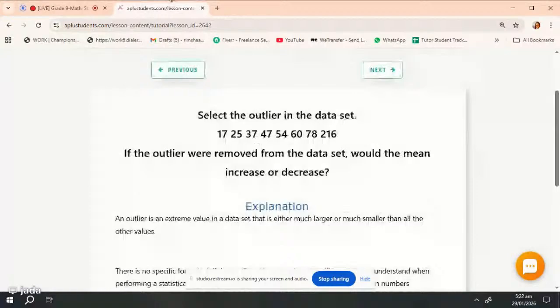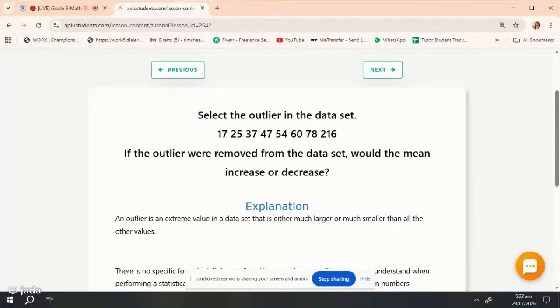This is 17, 25, 35, 37, 47, 54, 68, and 216. These numbers are all much closer to each other. Here suddenly it's 216. This is a larger value because, as is clear, there is no specific formula you can put in and find it out.